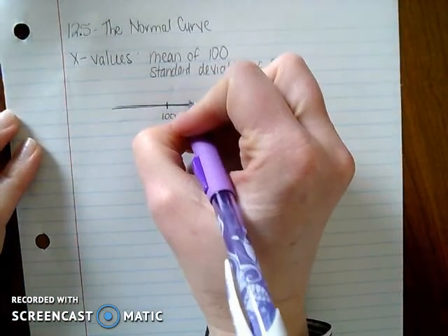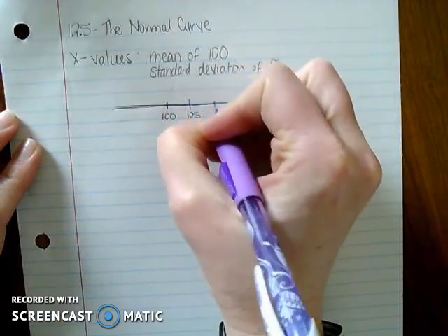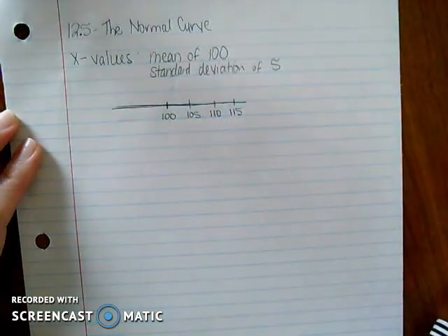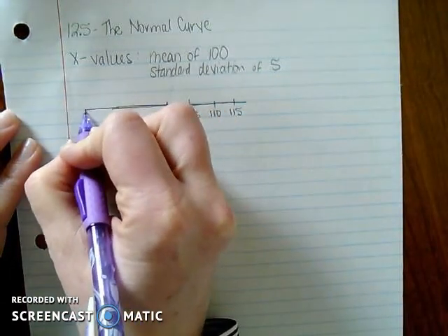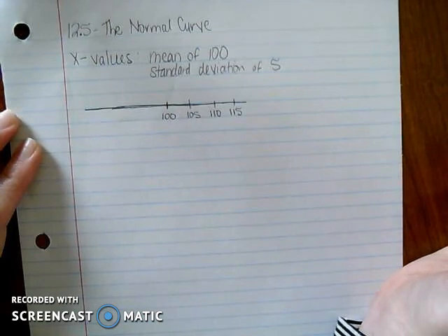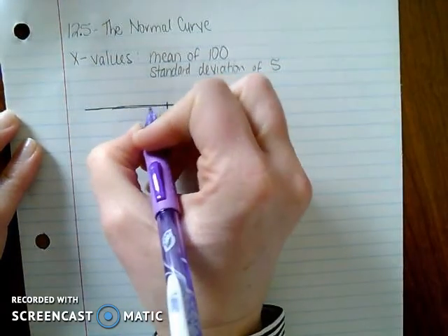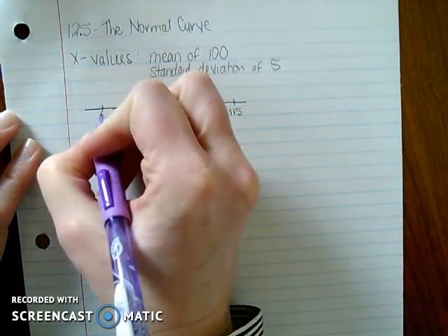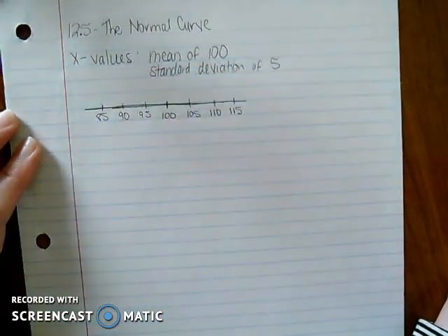Okay, so we have 100, and then we're going to have 105, 110, 115. We only have to go out to 3 because that's pretty much all you're going to have for your standard deviations, up to 3 or down to negative 3. Then we need to go backwards: 95, 90, and 85.